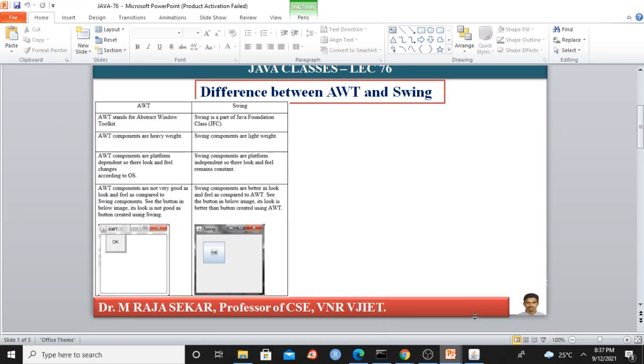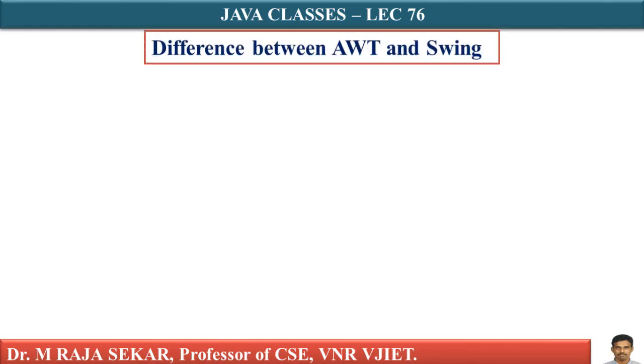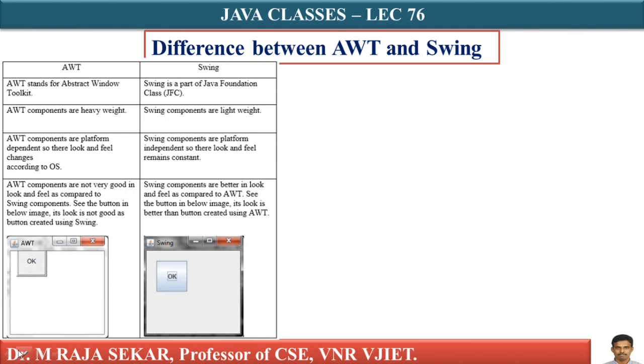Now, we will try to understand a very important concept in the Java programming language. What is this? AWT and Swing. Before understanding the difference between AWT and Swing, let me discuss a few things about GUI.